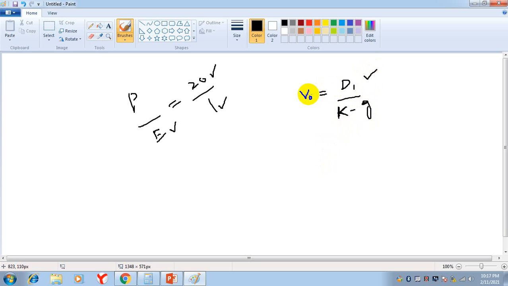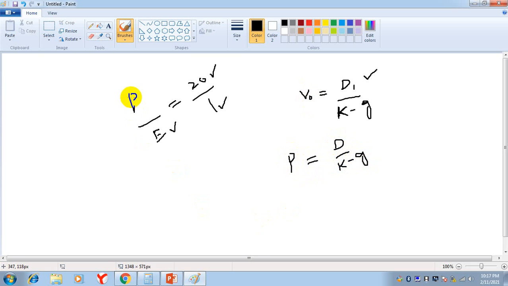Now we can write V naught as price, P equal to D1 divided by K minus G.